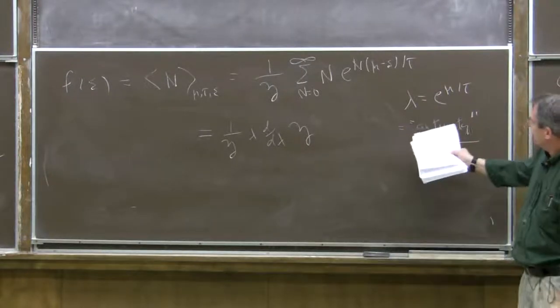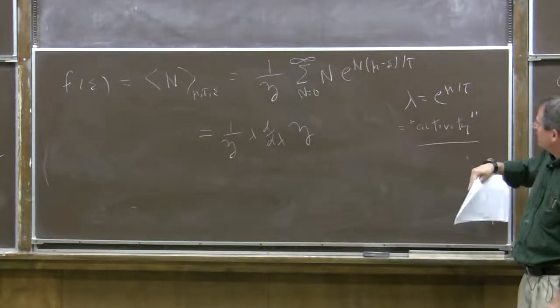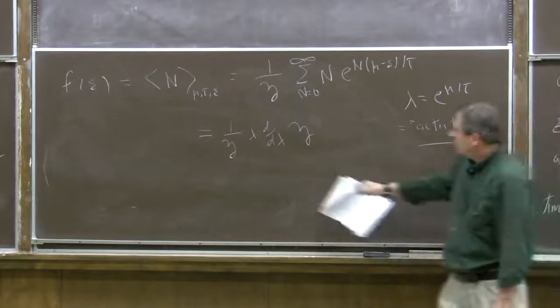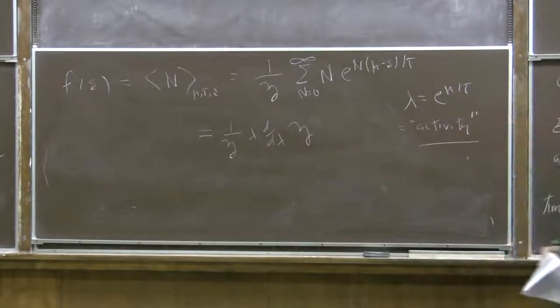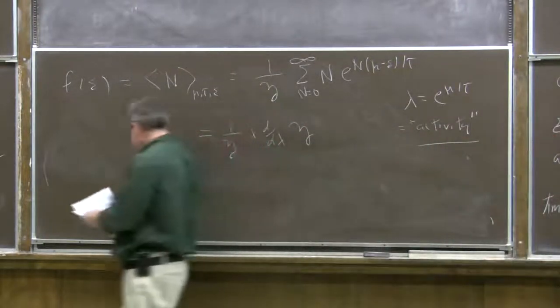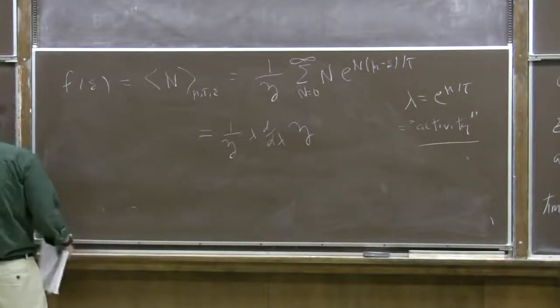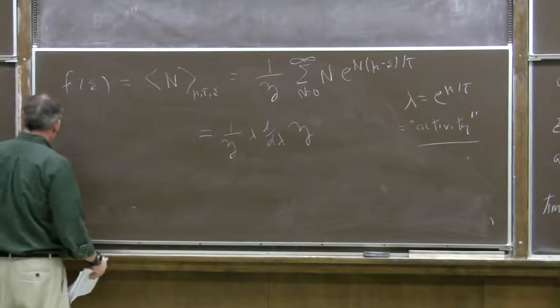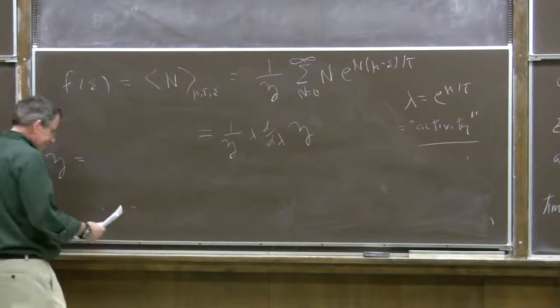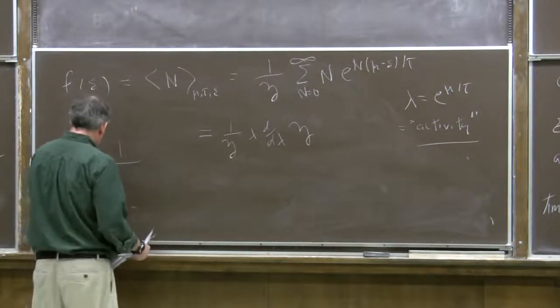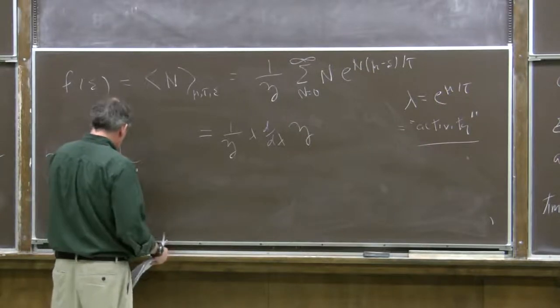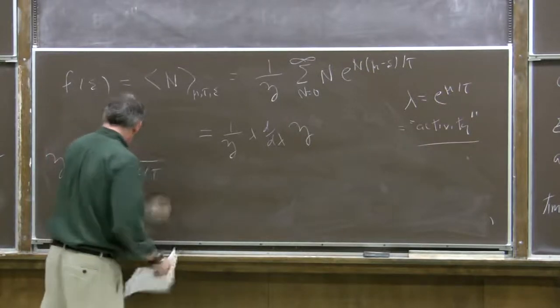When I differentiate with respect to lambda, then lambda to the n becomes n lambda to the n minus 1, and then I multiply by lambda to get it back to lambda to the n. The Gibbs sum itself, if I write it in terms of lambda, is 1 over 1 minus lambda e to the minus epsilon over tau.